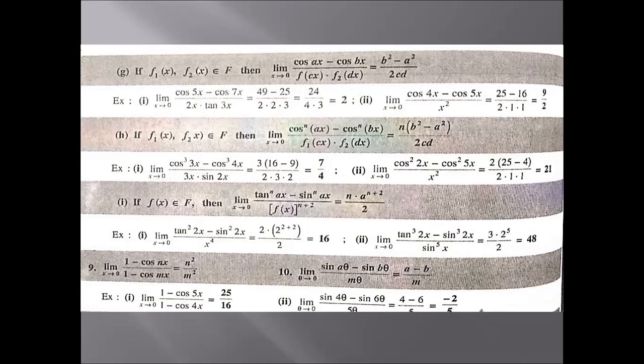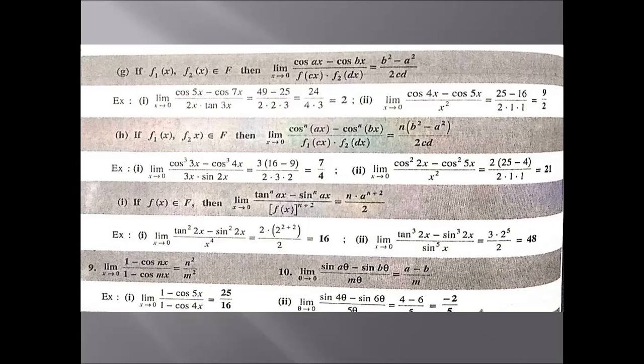Next, if f1 of x, f2 of x belong to F, then limit x tending to 0 of cos raised to n of ax minus cos raised to n of bx divided by f1 of cx into f2 of dx is equal to n into b square minus a square divided by 2cd. For example, limit x tending to 0 of cos cube of 3x minus cos cube of 4x divided by 3x into sin 2x.